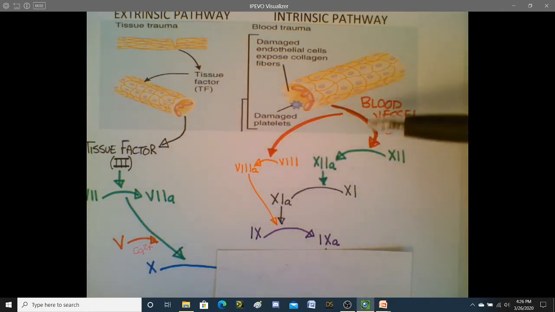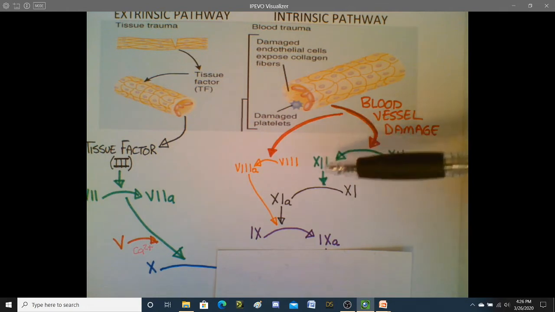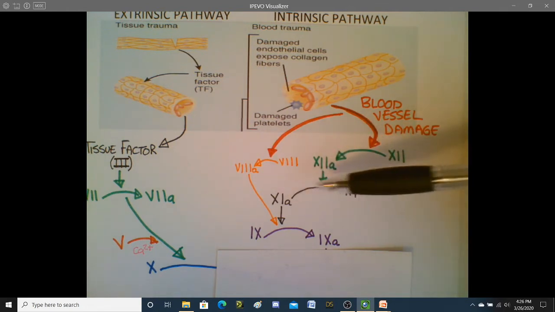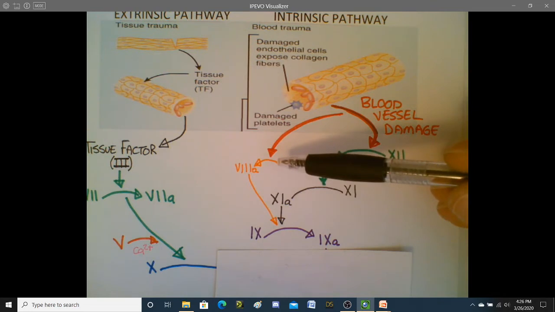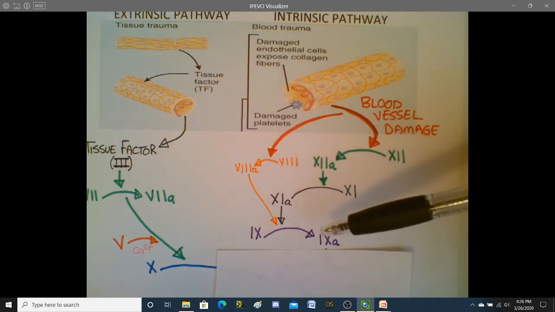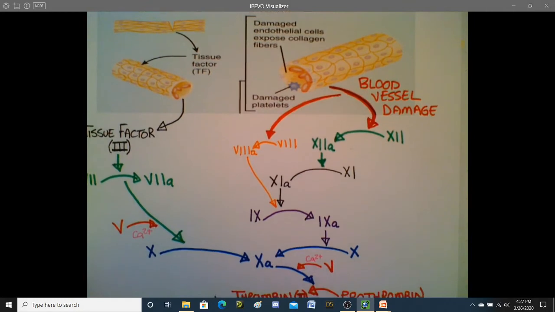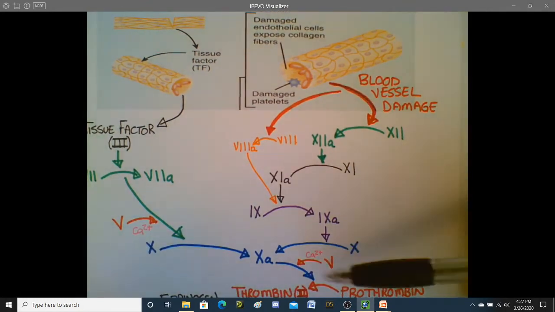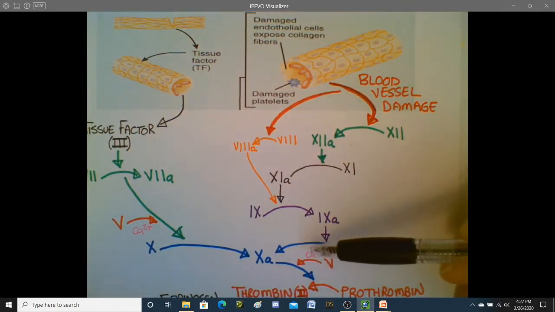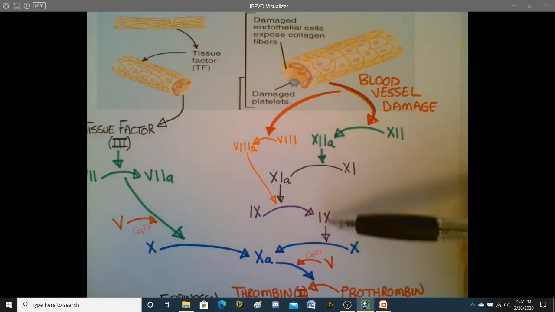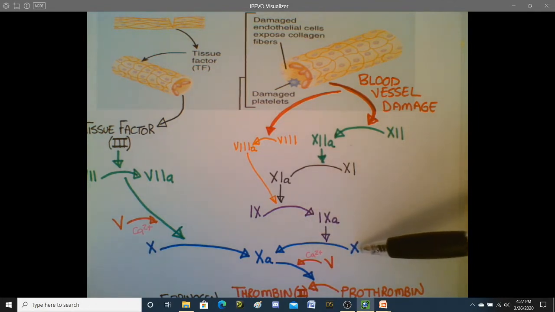So clotting factor 12 activates clotting factor 11, and then clotting factor 11 and clotting factor 8 activate clotting factor 9. Now, clotting factor 9, with the help of clotting factor 5 and calcium, is going to activate clotting factor 10.